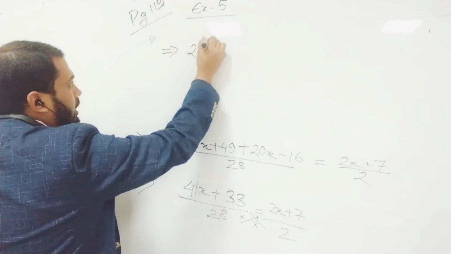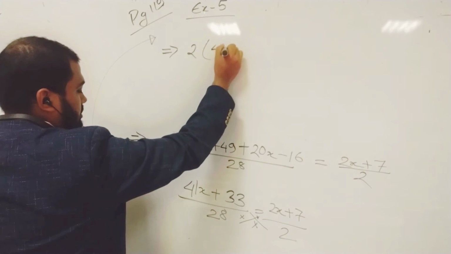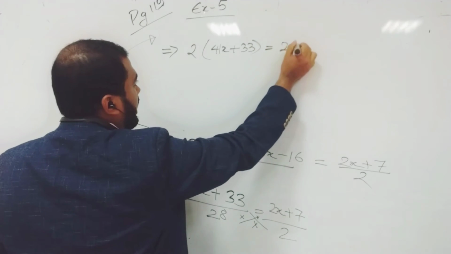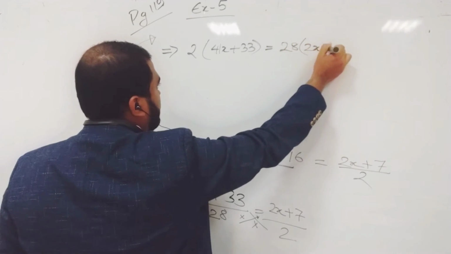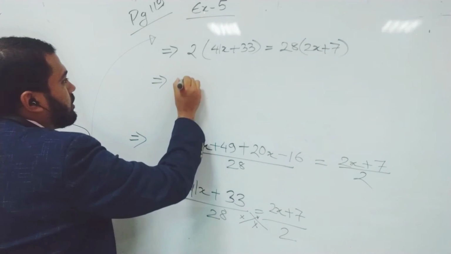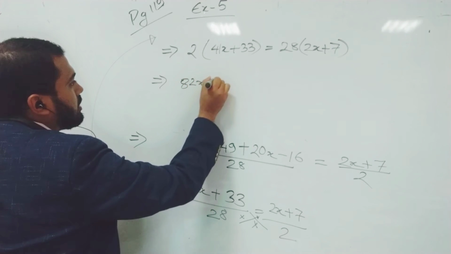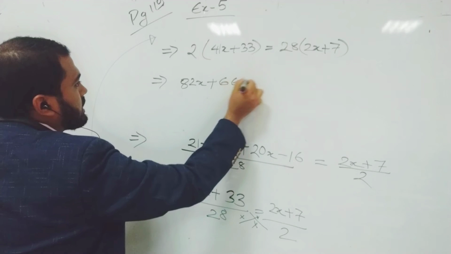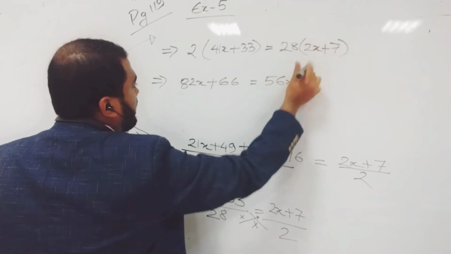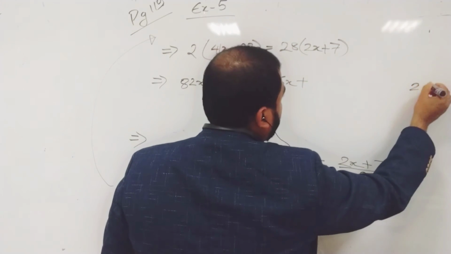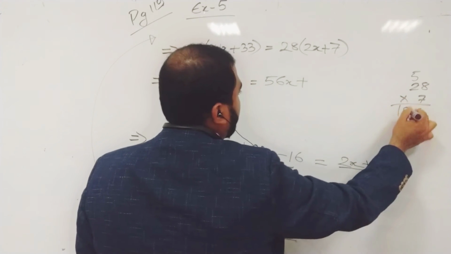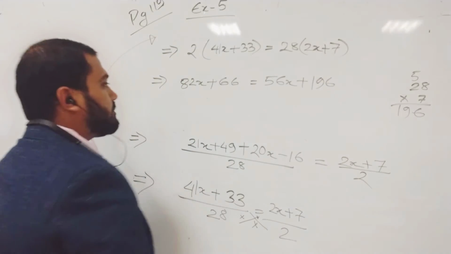So 2 into 41x plus 33 equals to 28 into 2x plus 7, or multiply, 82x, 2 into 33 is 66, equals to 28 into 2x is 56x, and 28 into 7: 8 7 plus 56, 7 twos are 14 plus 5 is 19, so 196.